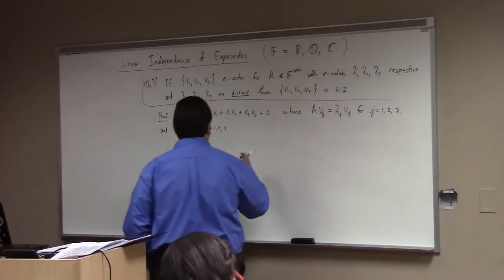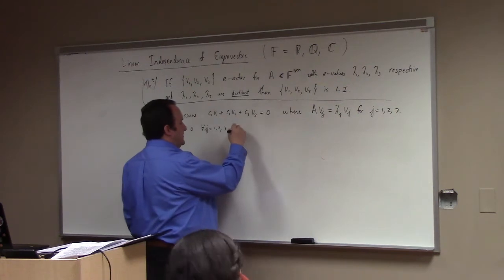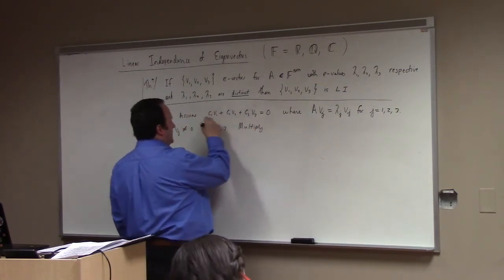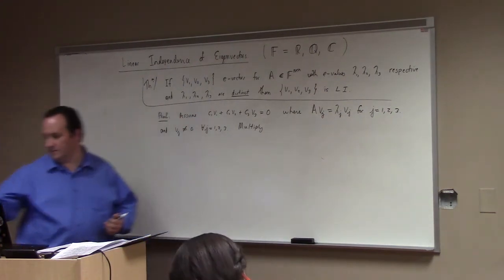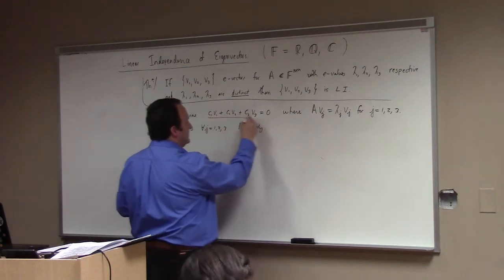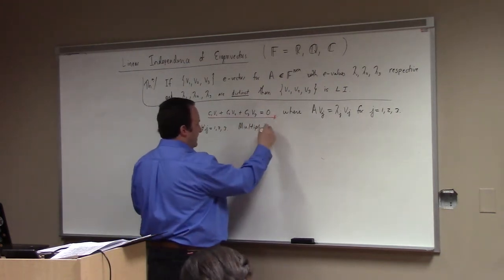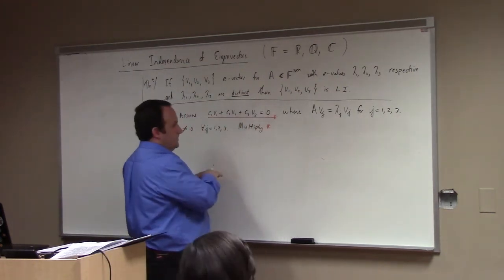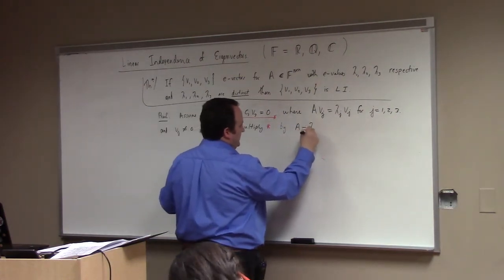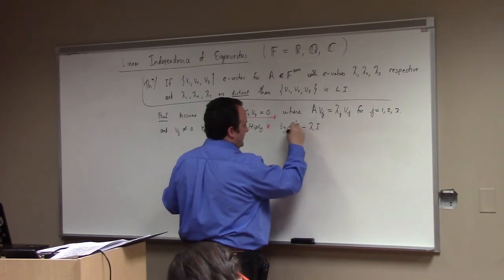Now, what I'm going to do is multiply. Let me give this thing a name. Let me call it star. I'm going to multiply star by a particular thing, by A minus lambda 1 times the identity matrix, right?